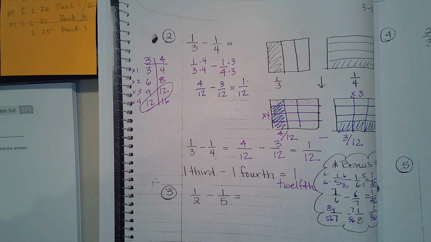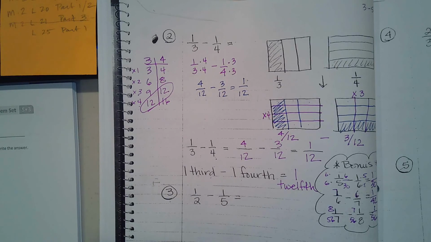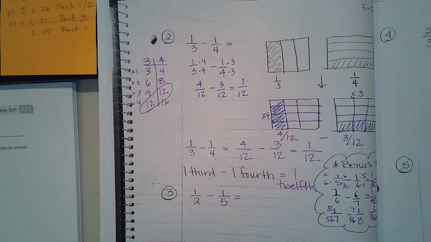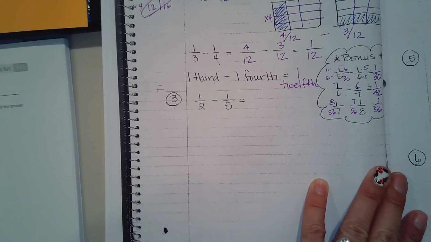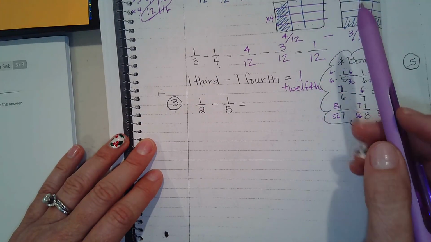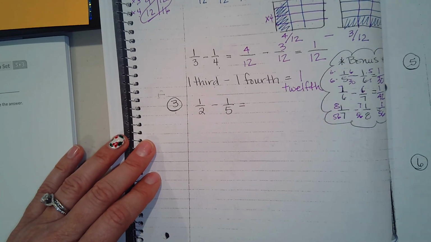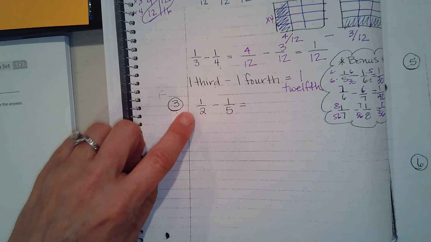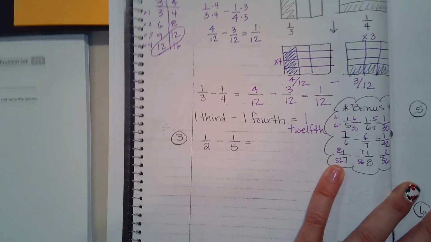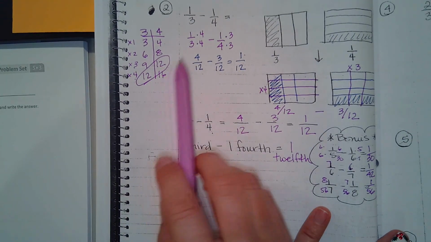All right, so we're moving on to 1/2 and 1/5. So what I'm going to challenge you with is I'm going to see how well you can map out this problem. So I've left you plenty of room to work, and I want you to scoreboard.